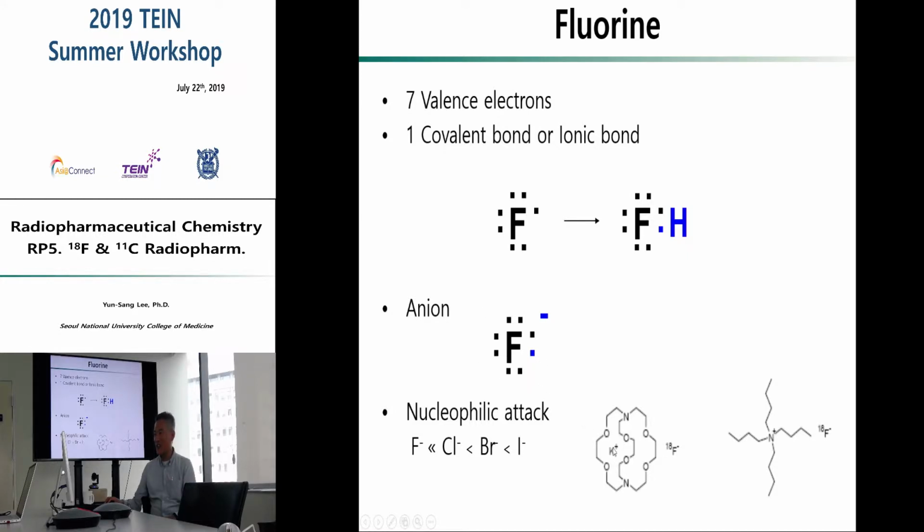That's why we should use phase transfer catalysts such as tertiary ammonium salts or cryptands. By using these different kinds of phase transfer catalysts, we can increase the nucleophilicity, not the basicity. So that's why they can be used as a nucleophile with F18.